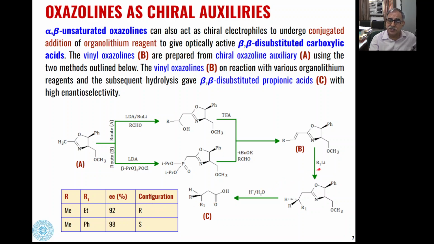But if we change from alkyl to phenyl, where R1 is phenyl lithium, then the product formed is S. This is because of the stereochemistry of the intermediates which are formed from the alkylation of this carbon-carbon double bonded compound.